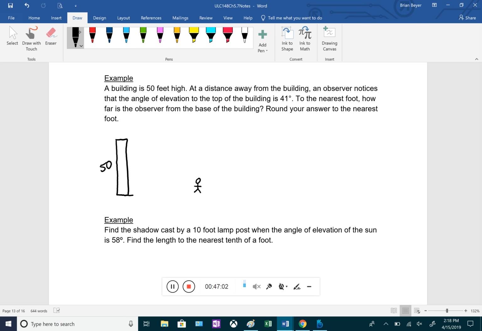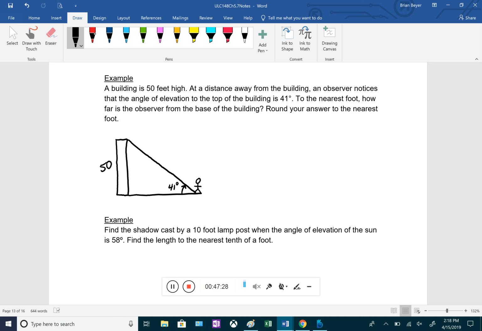They notice that if they look up to the building from where they're standing, it creates an angle of 41 degrees. So this angle right here is 41 degrees. They want to know how far the observer is from the base of the building, so we're looking for this distance right here, which is our x.